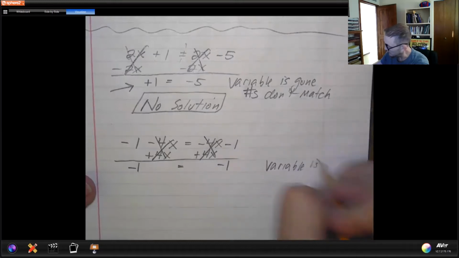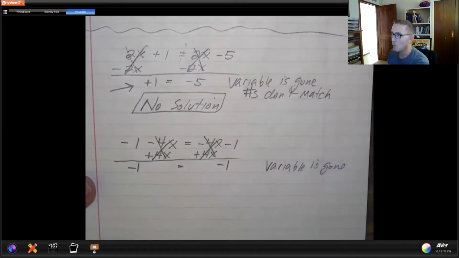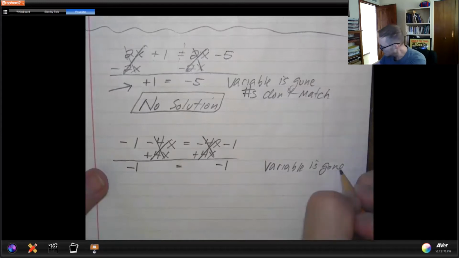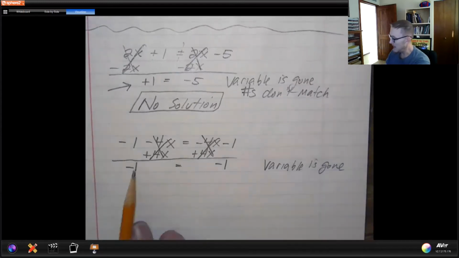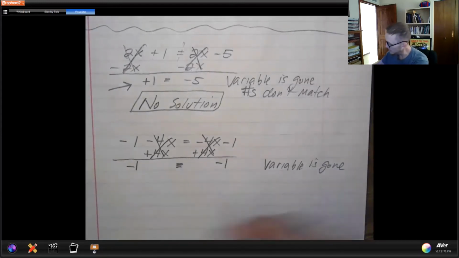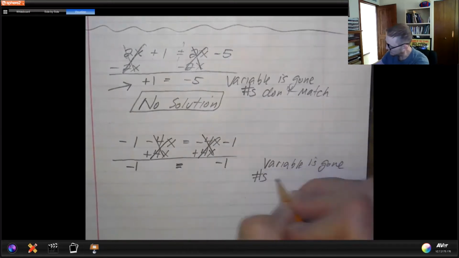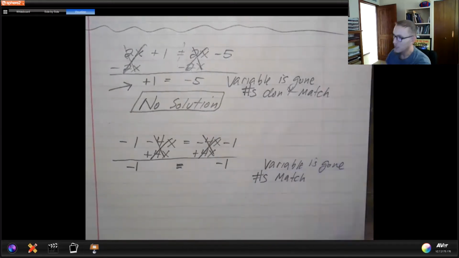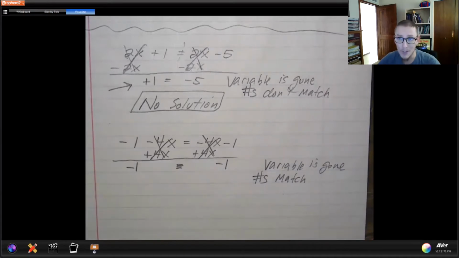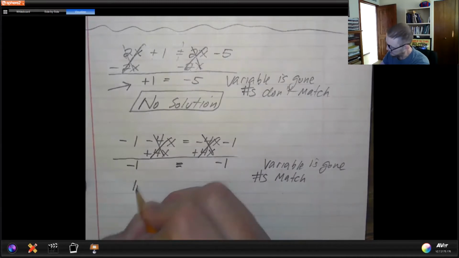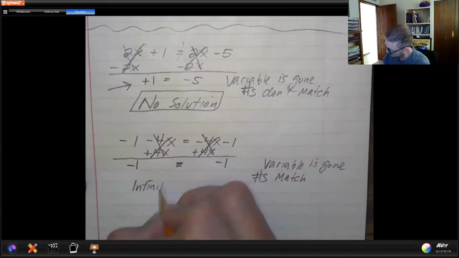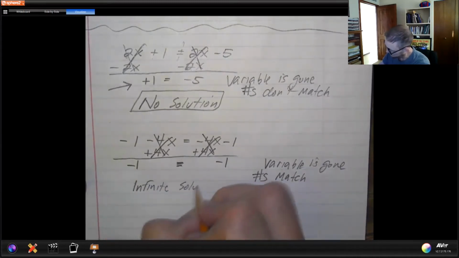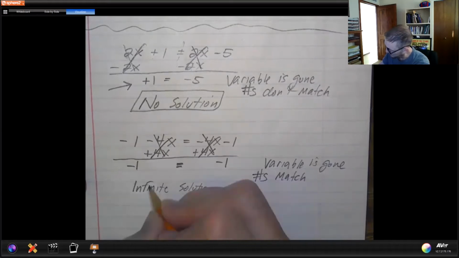Well, the variable is gone. But what does happen to these numbers? Now the numbers do match. If the numbers do match after the variables are gone, we call it infinite solutions.